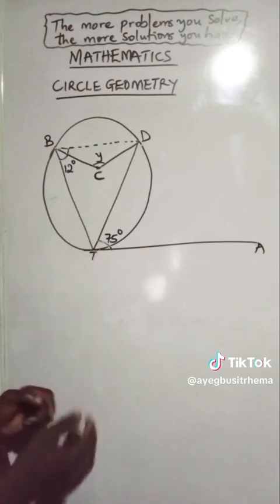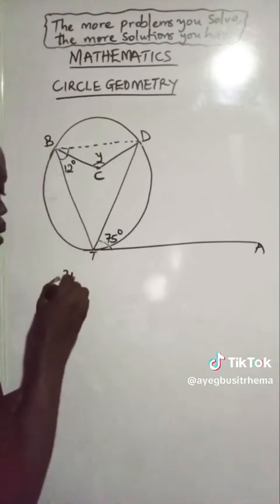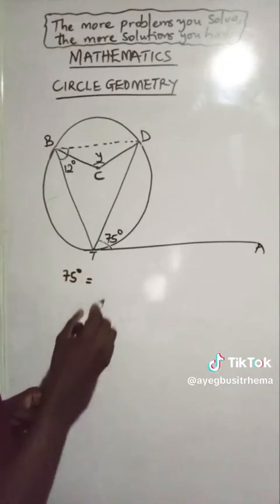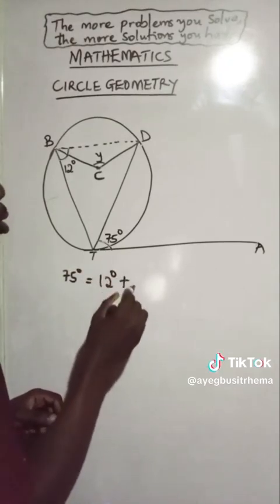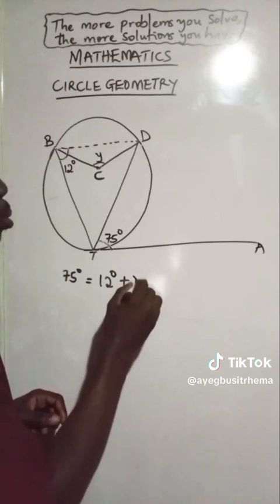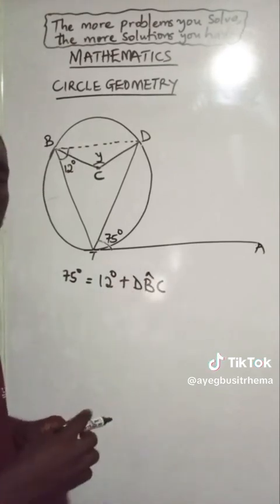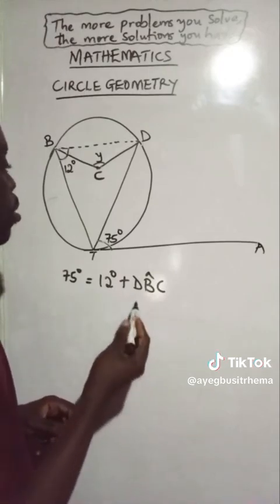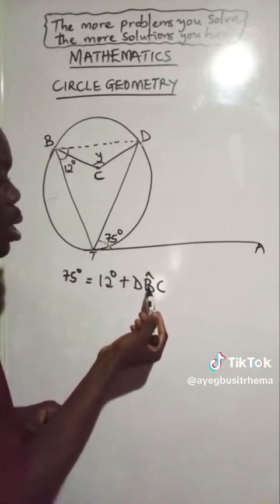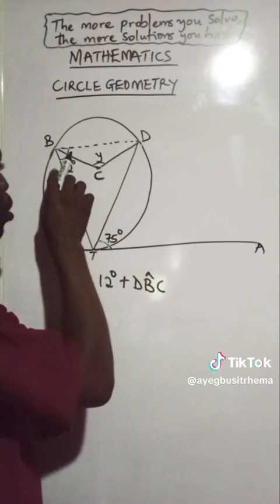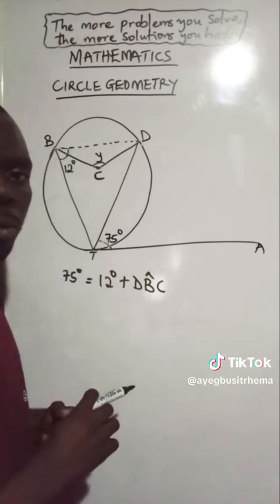We can easily say that 75 degrees is equal to 12 degrees plus angle DBC, meaning that you are focusing on the angle that it forms at B.